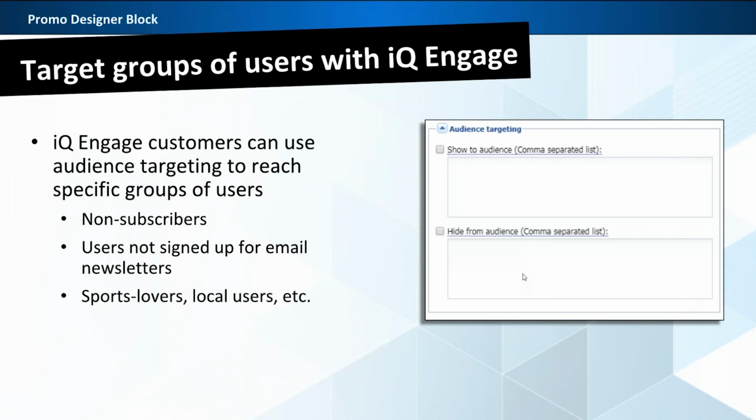So you can create an audience in our IQ Engage program of the users who are using the email newsletter for sports, and then use this hide from audience functionality, and that promotion would not be relevant and would not show to those particular groups of users. So it's a really great use of a combination of the two programs, the Promo Designer and the IQ Engage program.